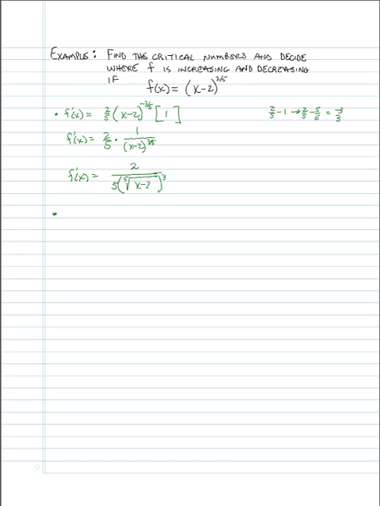To find the critical numbers, that's what's next. If we're looking at the critical numbers, we need to know where the derivative is 0 or where the derivative is undefined. Okay, the derivative is 0.